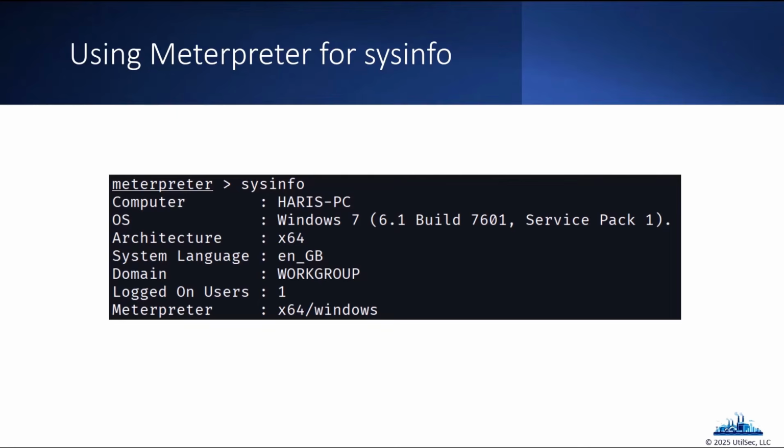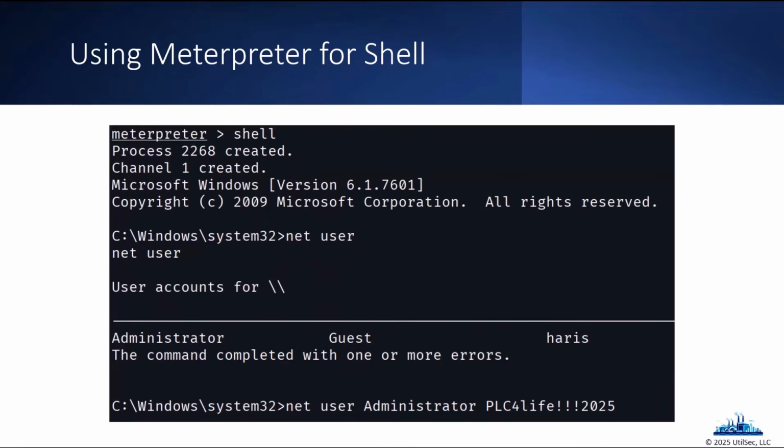Not only tell me what the host name is and what version of language you're running, but also drop to the shell and change the password for the local administrator account. That was the whole objective we were aiming for. Here you can see we changed it with net user administrator to PLC for life 2025. I like that one better.